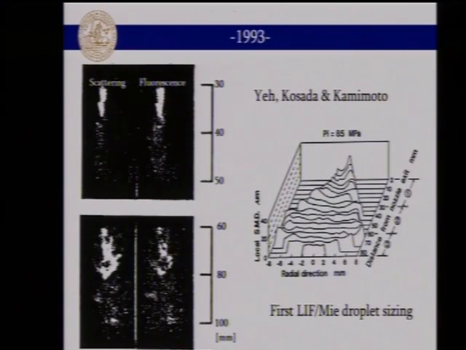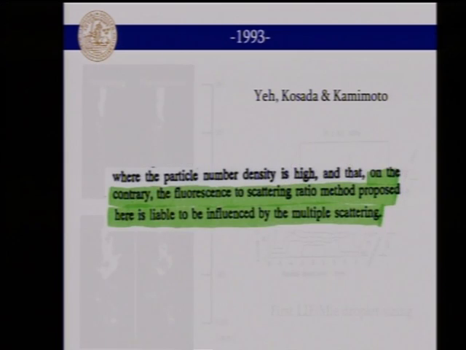Finally, in 1993, Yeh, Kosaka and Kamimoto in Japan did the first papers on liquid LIF and Mie scattering, taking the ratio, trying to extract the Sauter mean diameter, droplet size, in 2D. In this very early paper, once again, they mention that the fluorescence to scattering ratio method proposed here is liable to be influenced by multiple scattering.